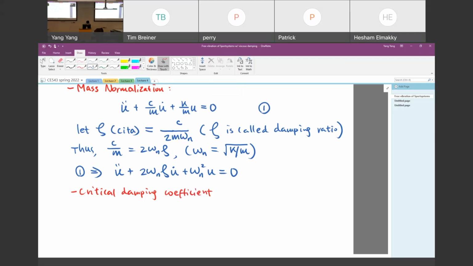We have C sub cr equal to 2 times m times omega n, equal to 2 times the square root of k times m.